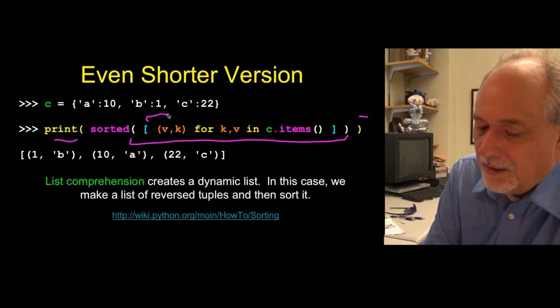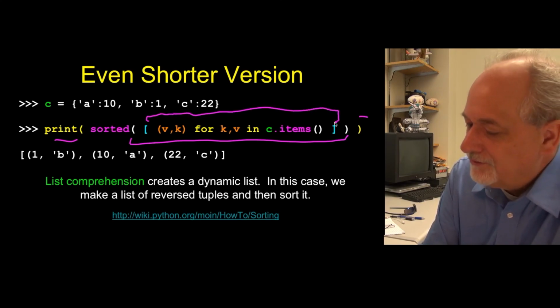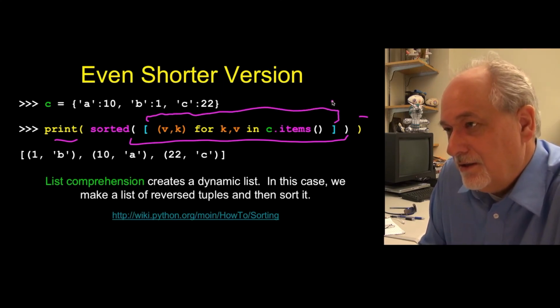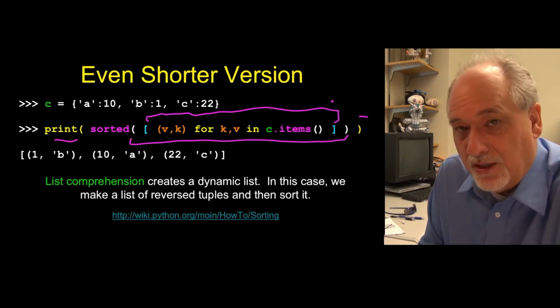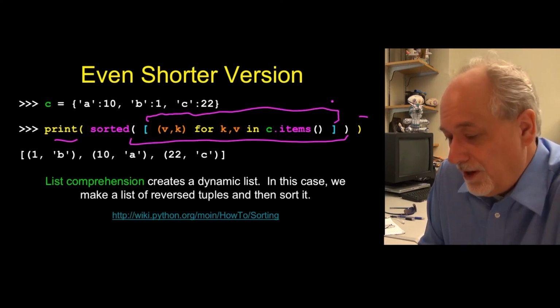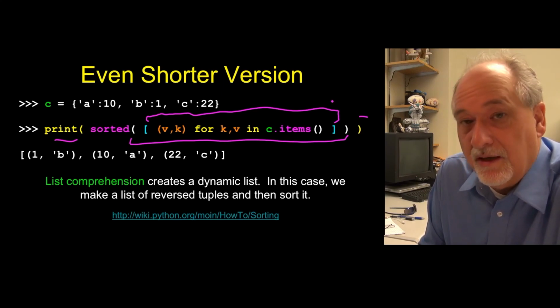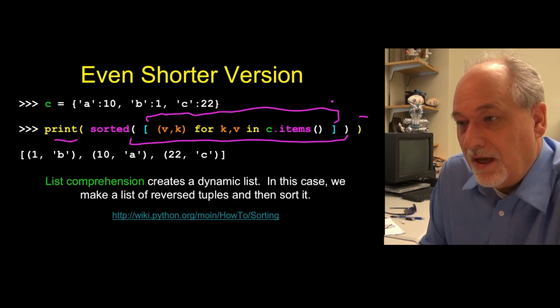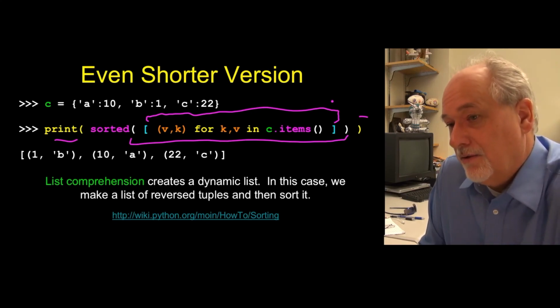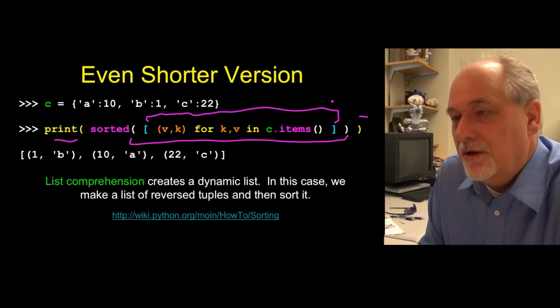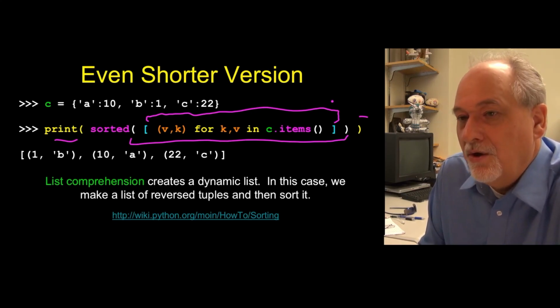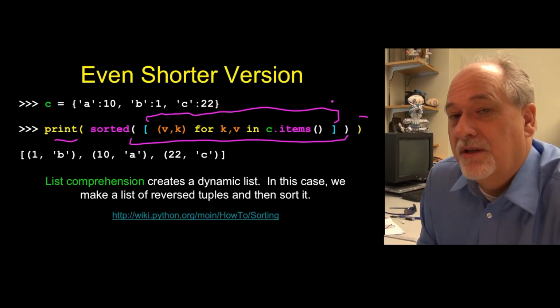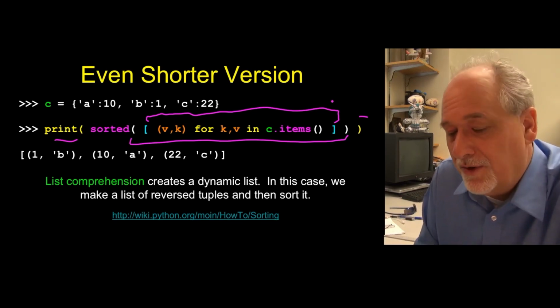And then this is the funny part. This is called list comprehension. We have square brackets and we say to Python, this is a list. But instead of listing the things or having a constant of 1, 2, 3 or append, we are going to create an expression that will act as a generator for all the elements.